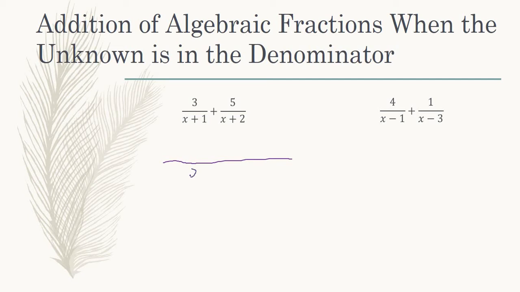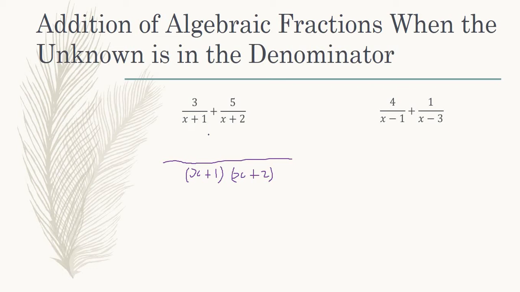So it's going to be x plus 1 in bracket times x plus 2. And then we do the same thing. Take each denominator here to divide our common denominator and take the result to multiply the numerator.